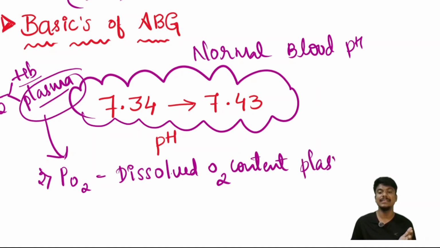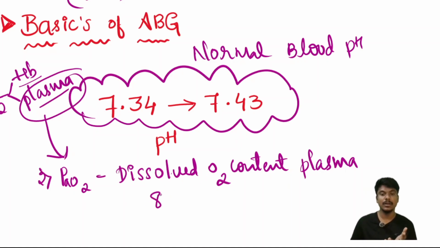That's why I'm calling this partial. It is not the full concentration. We call it PaO2, which is nothing but the partial arterial oxygen content, the dissolved O2 in plasma.